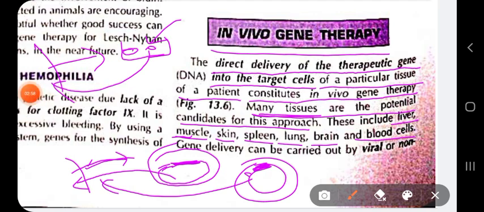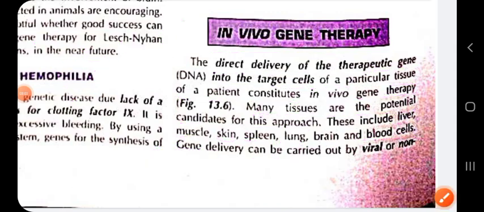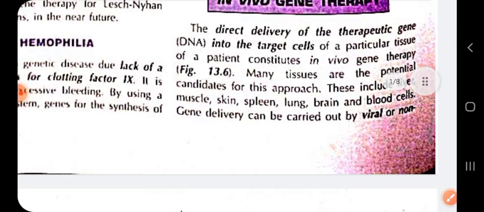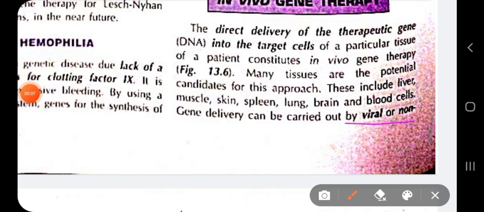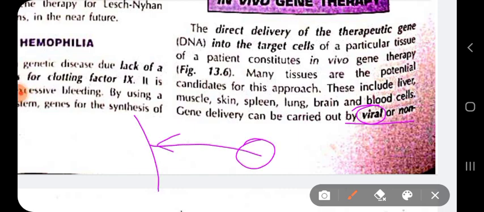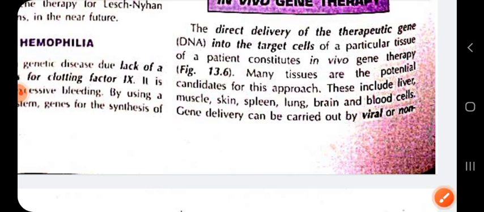Now, this type of gene therapy, in vivo gene therapy, can be carried out by viral or by non-viral approach. That means you can use virus as a vector, so that directly it can transfer our gene of interest into the target cells of the patient, right? Or non-viral approaches as well, like liposomes.